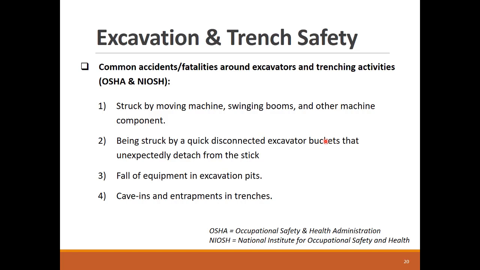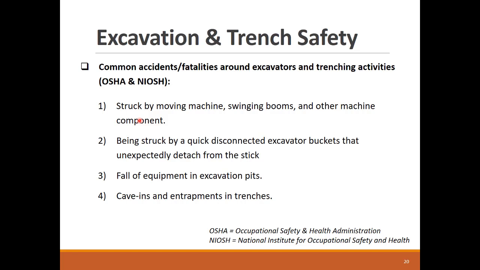Let's conclude this lesson with some safety precautions when dealing with excavators and digging operations. The list here shows the top common accidents that occur around excavators and trenching activities.